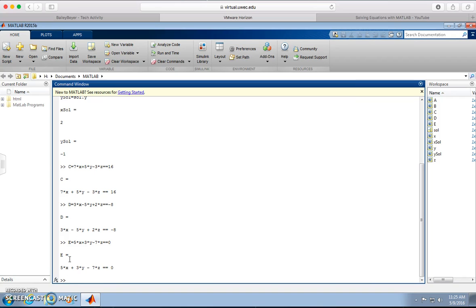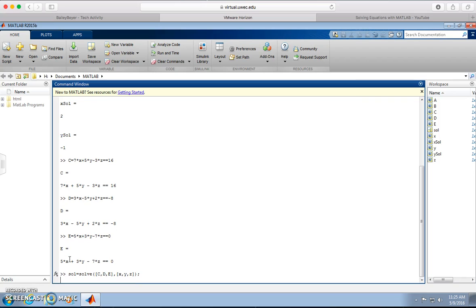We'll say SOL equals solve, parenthesis bracket, C, comma, D, comma, E, bracket. Now be careful not to put in A, B, and C there, because we have our three new equations, C, D, and E. Then we'll type in a comma, bracket x comma y comma z, closing bracket, closing parenthesis, semicolon.